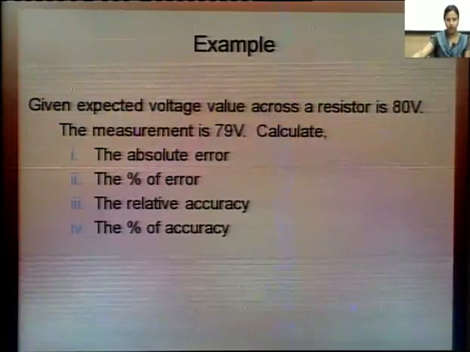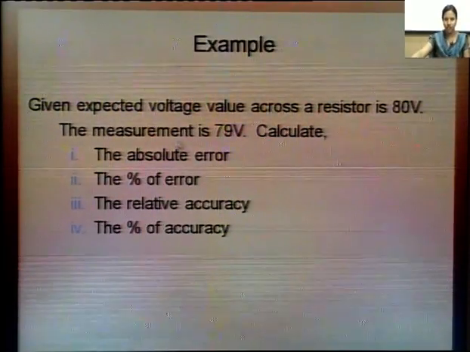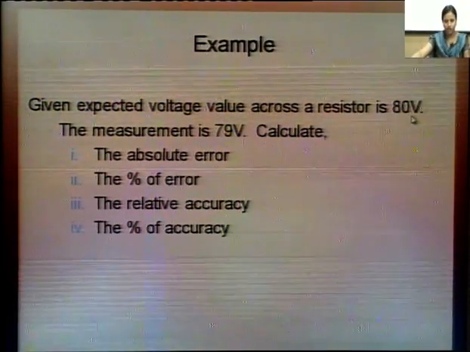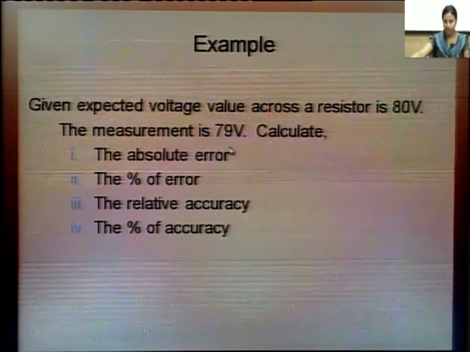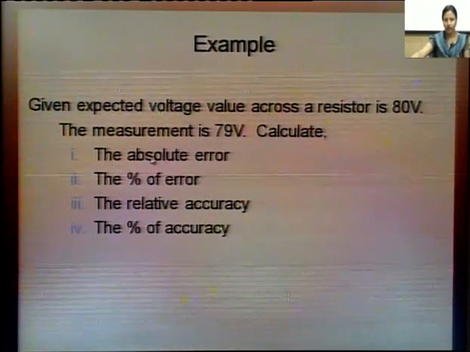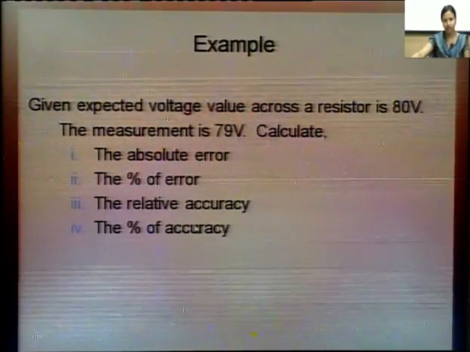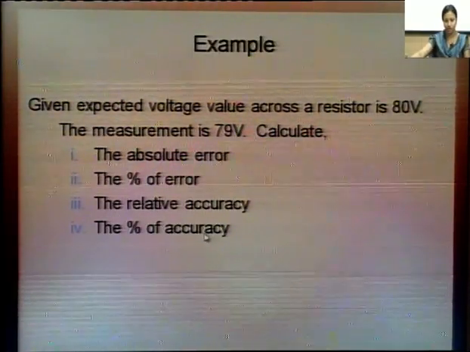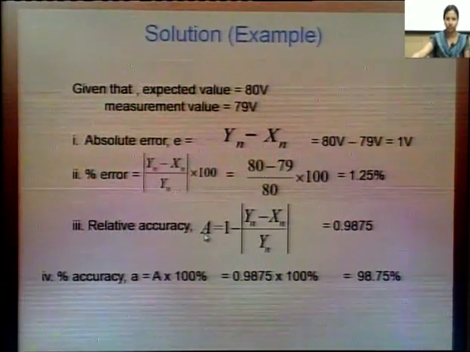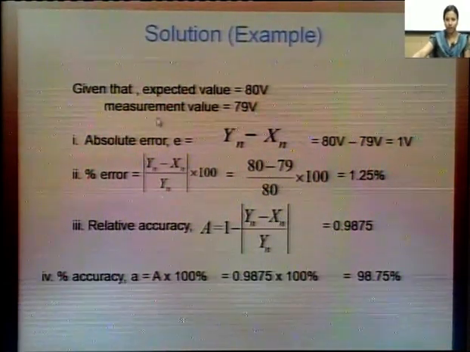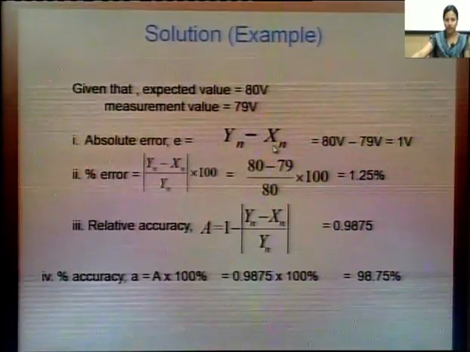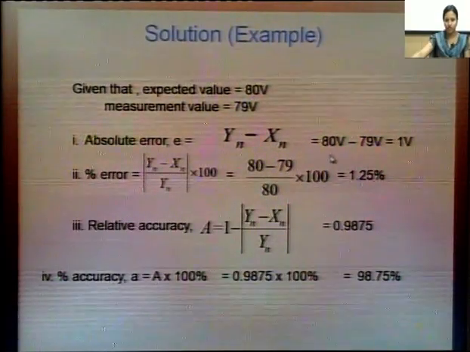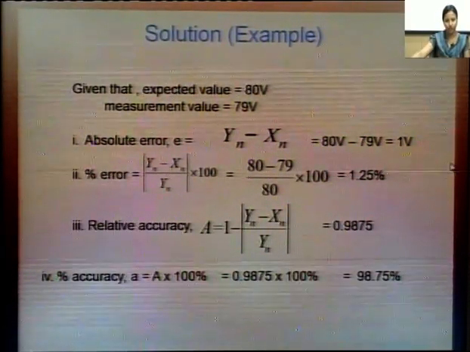Next we take an example: the expected voltage value is 80 volts, the measurement is 79 volts. We have to calculate absolute error, percentage error, relative accuracy and percentage of accuracy. Absolute error is expected value minus measured value: 80 minus 79, so 1 volt.